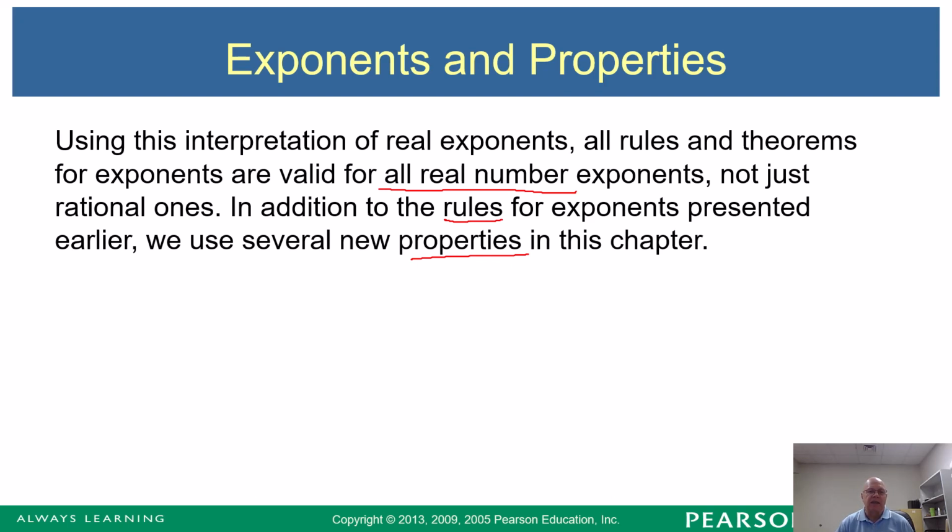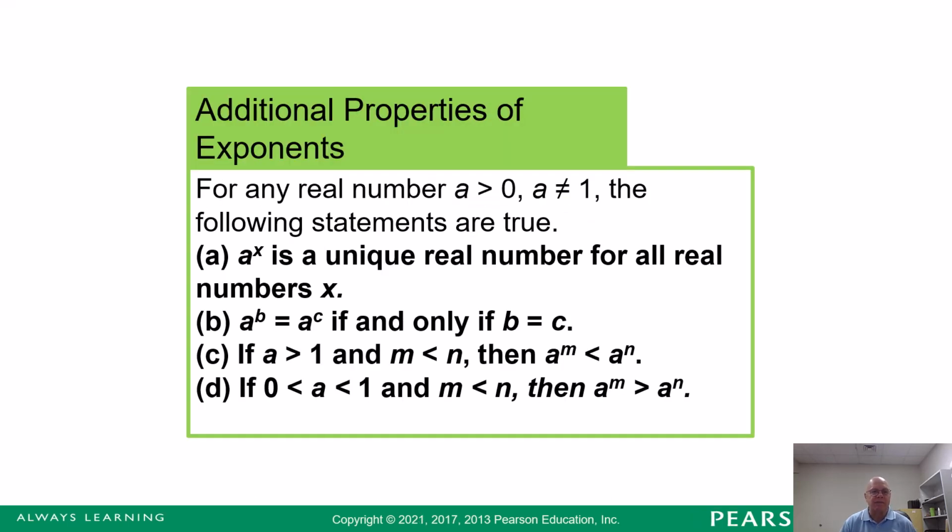In fact, if you remember this 3-word phrase, logarithms are exponents. So even when we get to the next section on logarithms, we're still talking about exponents. They'll look a little bit different, but they're still using the rules and properties of exponents.